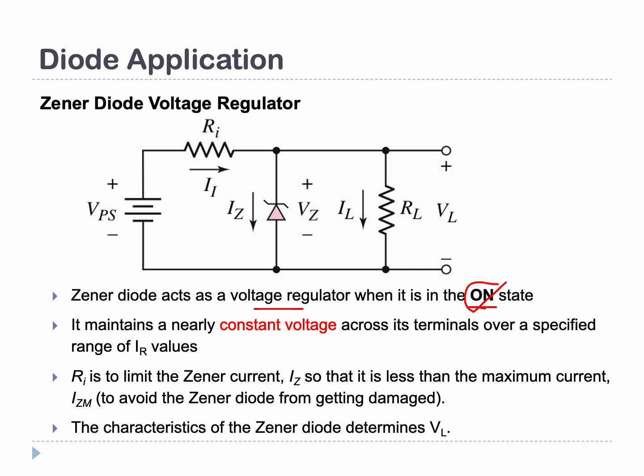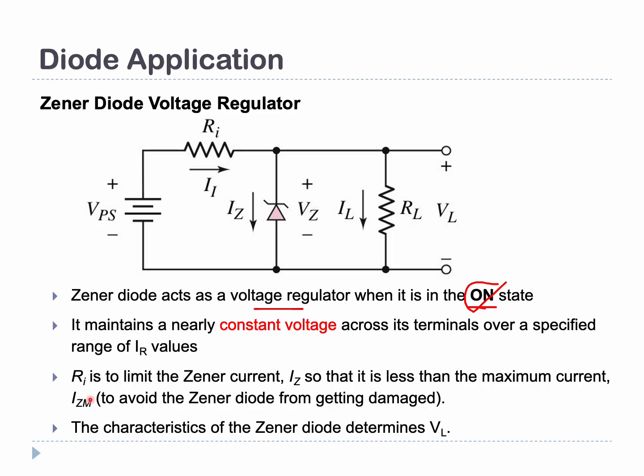It depends on how much current flows through this Zener. If the current is within the operating range of the Zener, then the Zener will be turned on. If not, the Zener will be turned off.